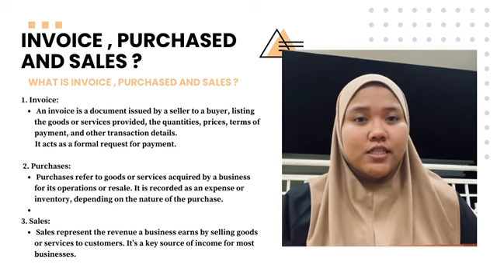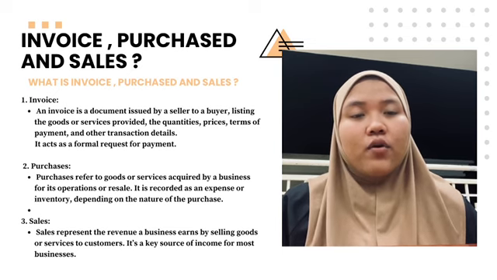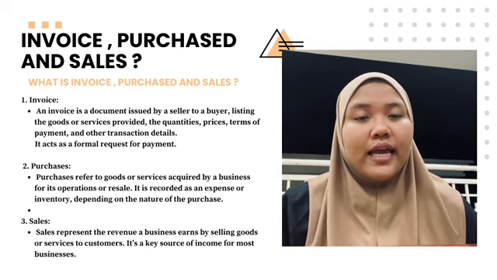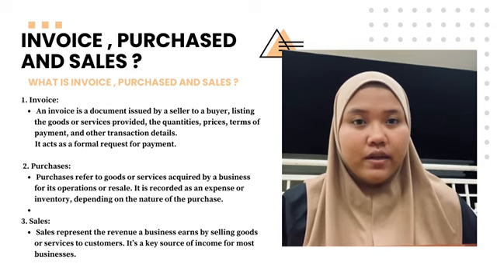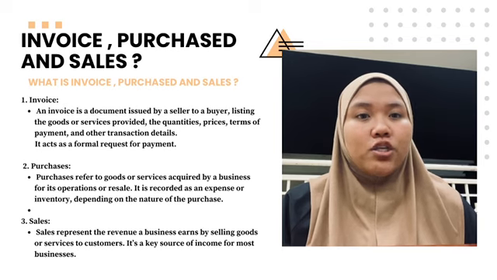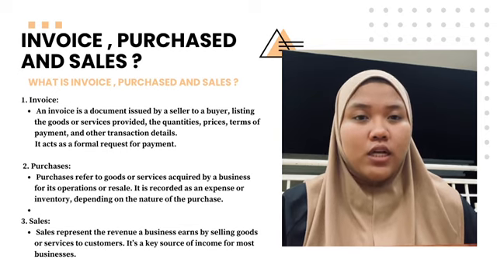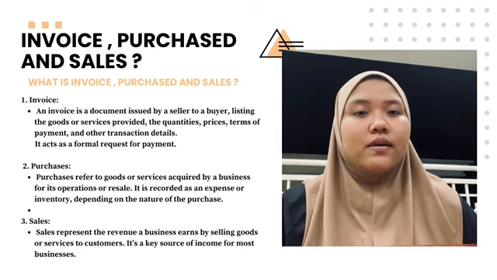Next is purchases. Purchases refer to goods or services acquired by a business for its operation or resale. It is recorded as an expense or inventory depending on the nature of the purchase. For example, a bakery buying flour and sugar to produce cakes would record this as a purchase.